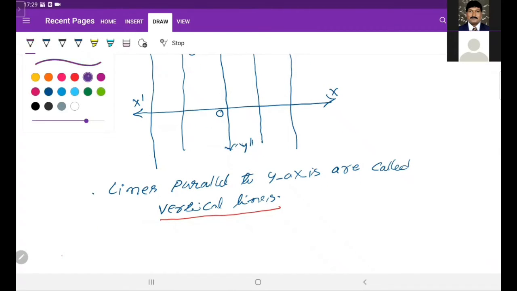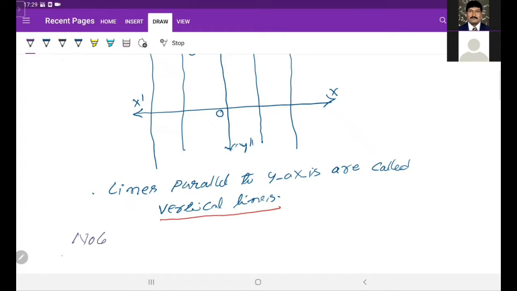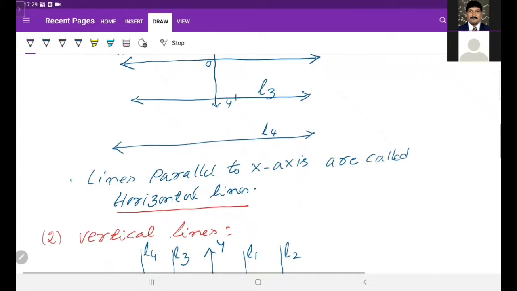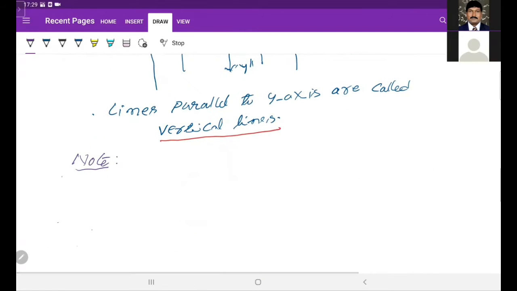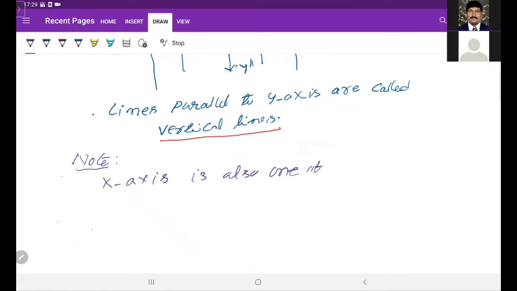Observe above. Note what you are observing here above. X-axis is horizontal line or vertical line? X-axis is also one of the horizontal lines.